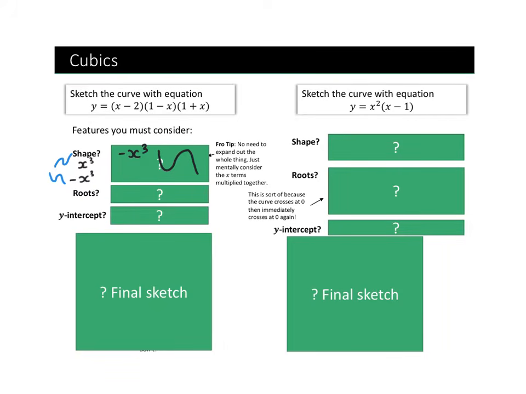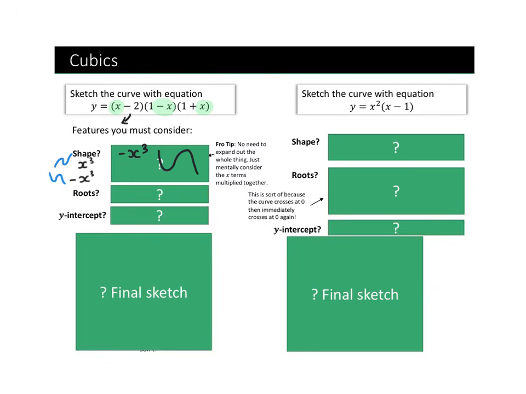I did that because I look at all of the x's I have available: a positive, a negative, a positive. Positive times a negative times a positive is a negative. Perfect.